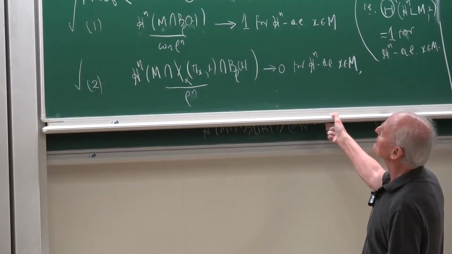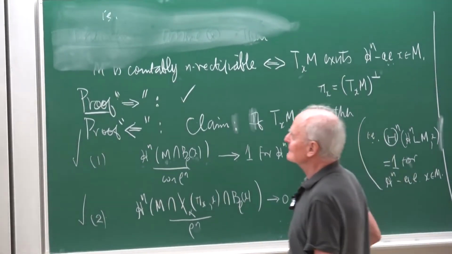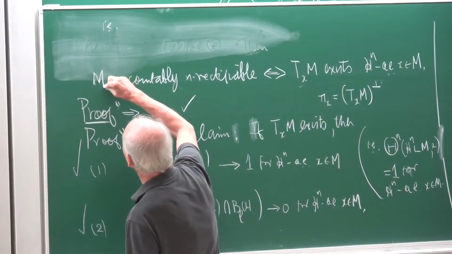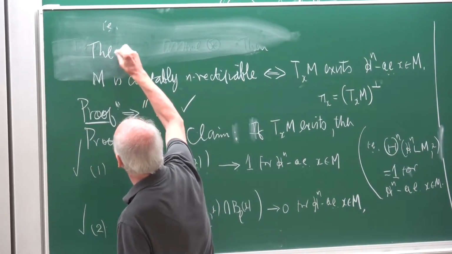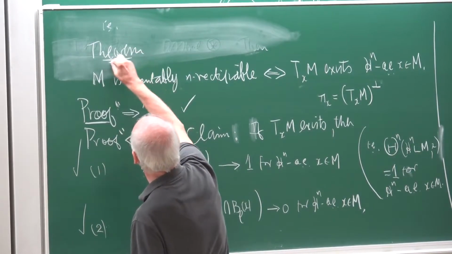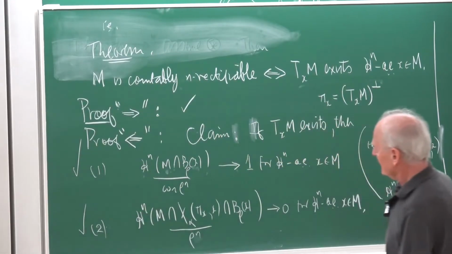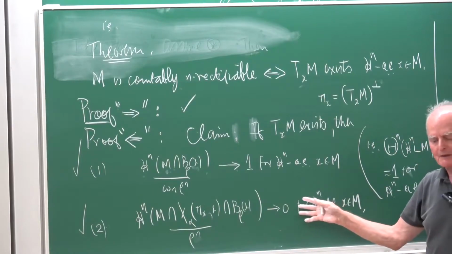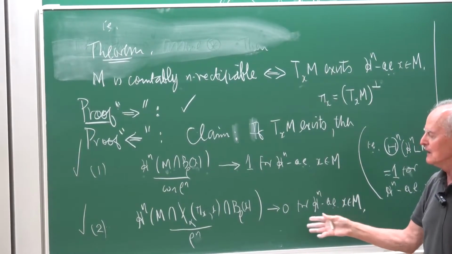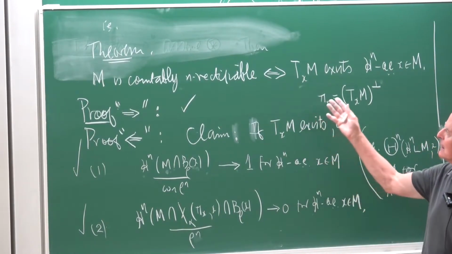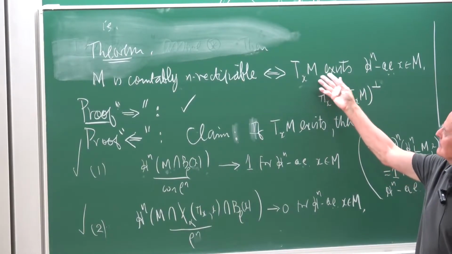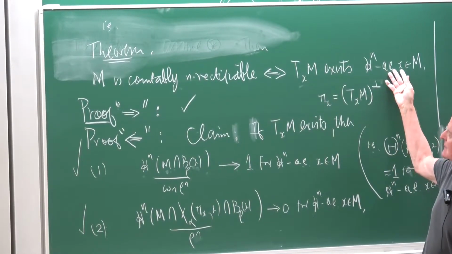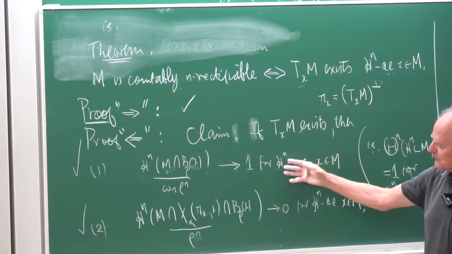Okay, so we do have these two things to work with, and that's good. So at least we have something to work with now. But it's still far from clear how the approximate tangent space exists, even after we've proved these two things.